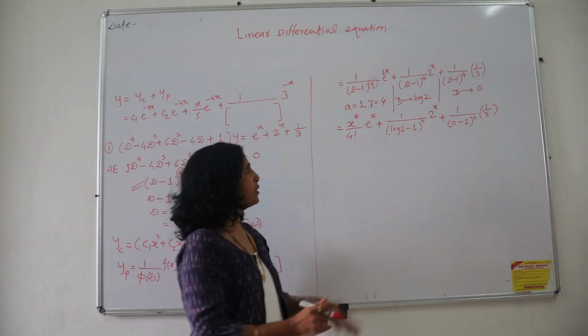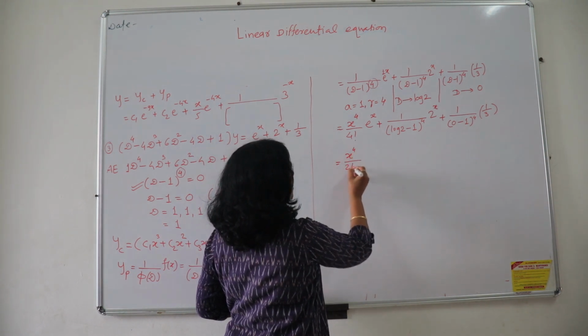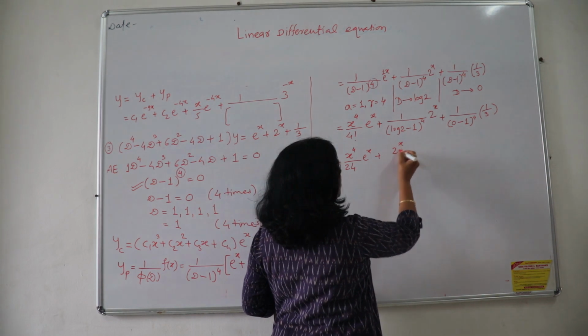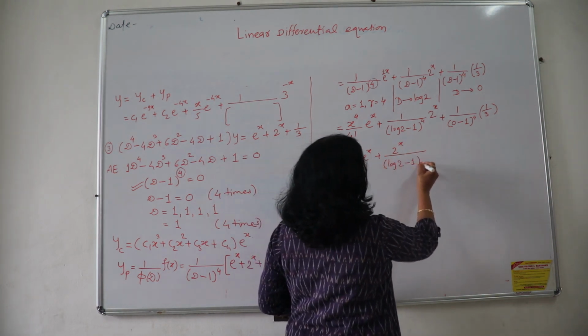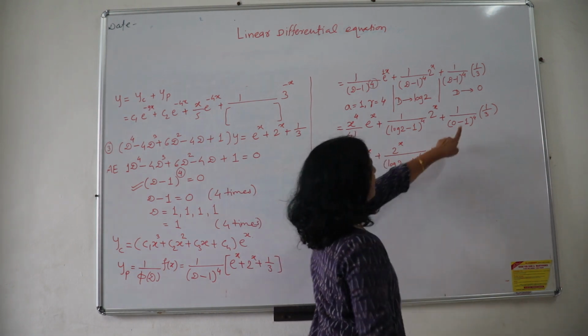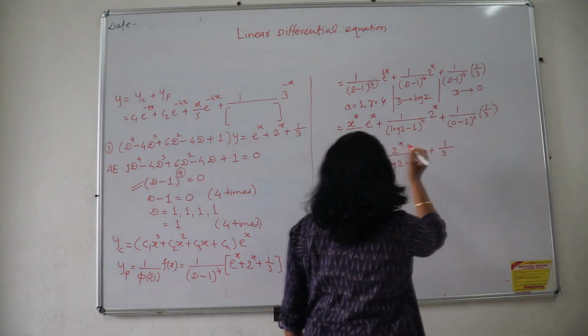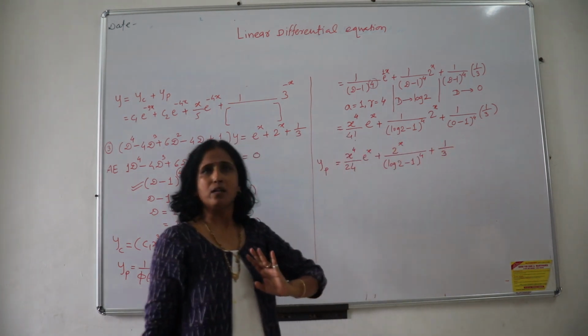Then simplify: x raised to 4 upon 4 factorial, which is 24, and e raised to x remains as it is. No need to simplify (log 2 minus 1) raised to 4 because decimal expressions are not expected. And (minus 1) raised to 4 is 1 itself, so it is 1 upon 3.